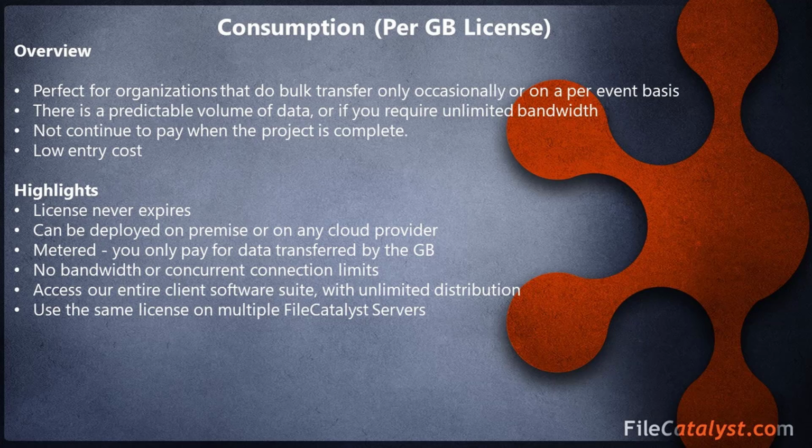You get a metered license, and the cost starts at 35 cents per gig and drops as you transfer more data. Once you get to the terabyte, I think you're down to like 2 or 3 cents a gig. This is connected to your credit card, and you pay as the transfer goes. This is perfect for a temporary project or when you know how much data you're going to be transferring, and there's no cost of entry.